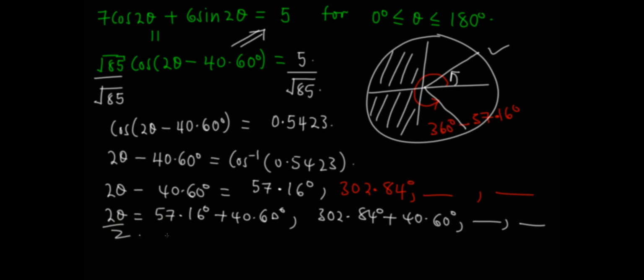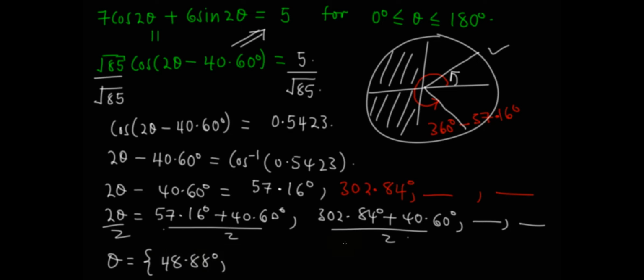So we divide both sides by 2. So the value of θ is equal to 57.16 plus 40.6 divided by 2. So we obtain θ as 48.88 degrees.